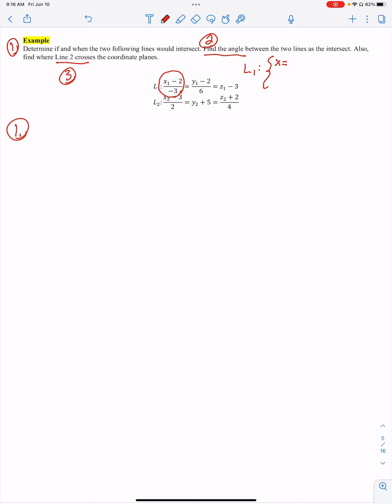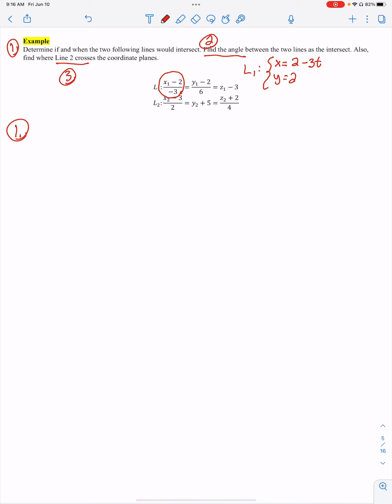Okay, so I would add 2, so I'd have a positive 2, and then my directional number is 3, so it would be minus 3t. Y is positive 2 plus 6t, and then z is 3 with a t, positive 1, because it's over 1. I could do that, right? Over 1. That's L1.